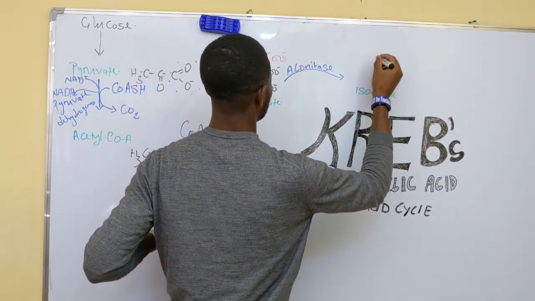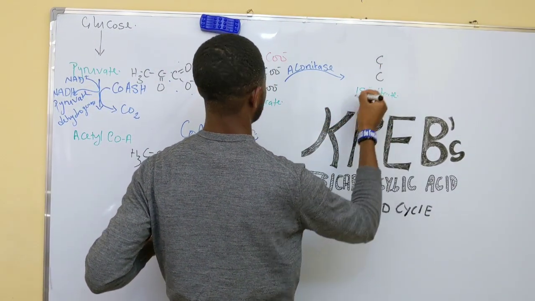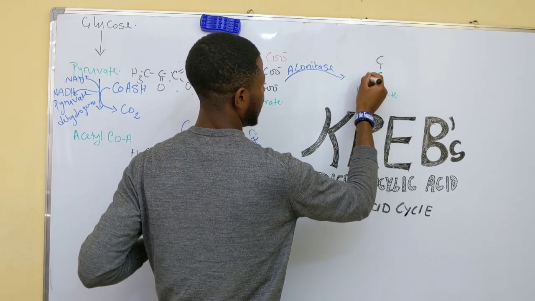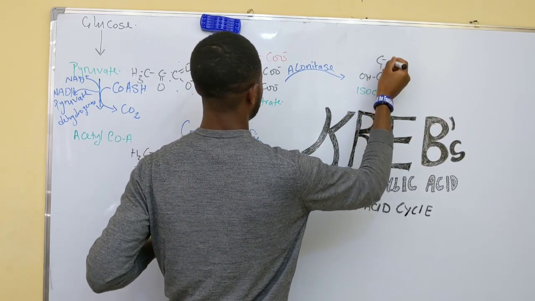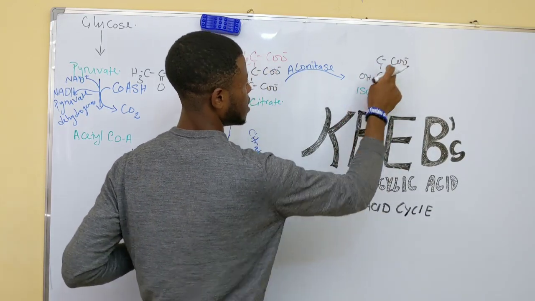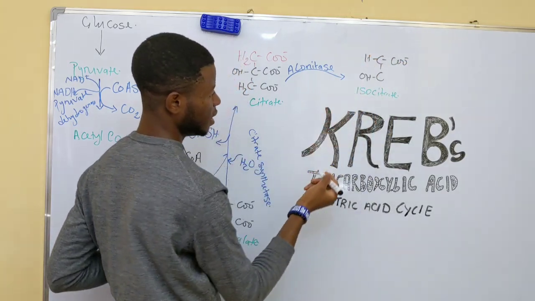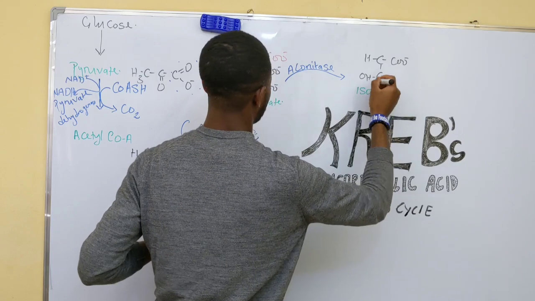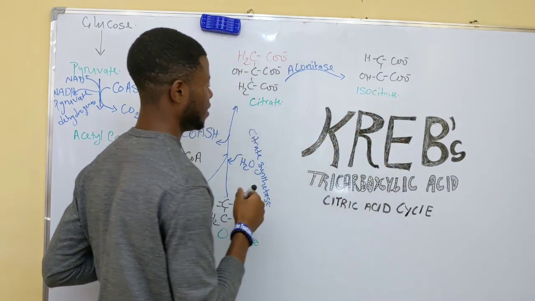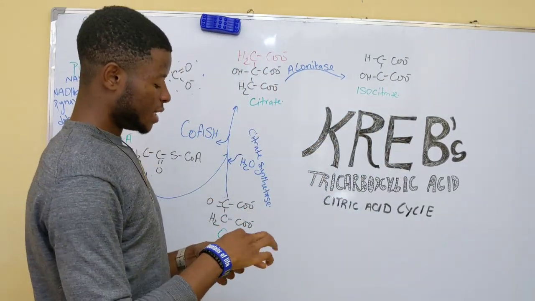So I should have something of this manner. I'll have something like this. OH, I'll have my COOH, my COO group, and then here I have my hydrogen, and then here I bring back my COO minus. So that is what is taking place here.